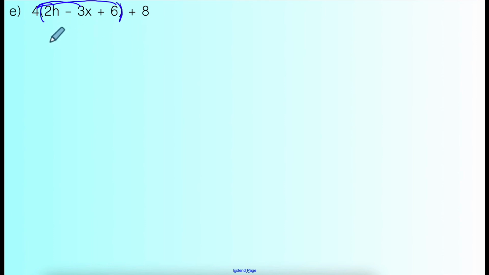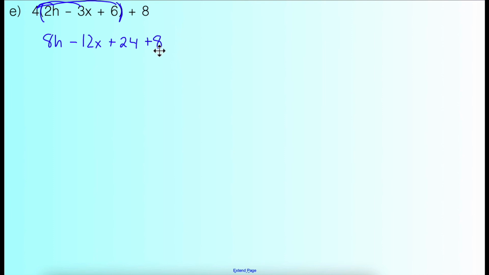So this rewritten would be 4 times 2h is 8h minus 4 times 3x is 12x plus 4 times 6, which is 24. And then the plus 8 was not distributed to, but it's still part of the expression, so we're going to write that down at the end.